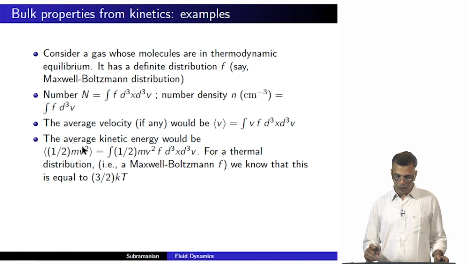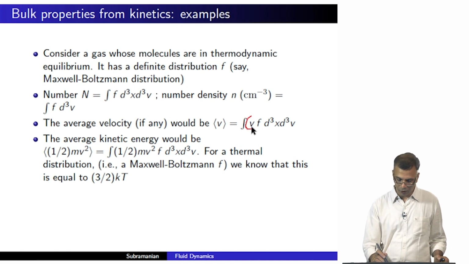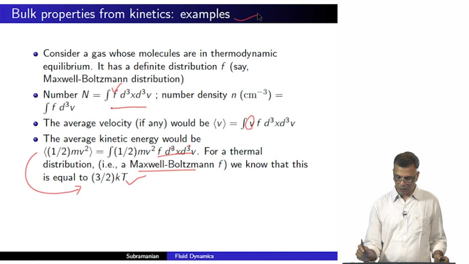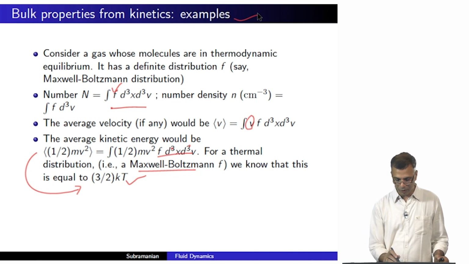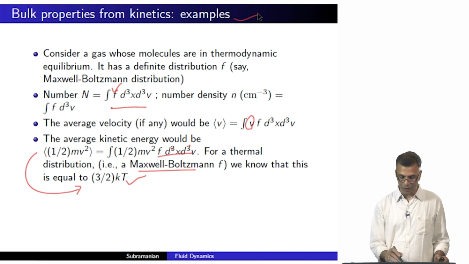Well, instead of v here, you just stick half mv squared into this very same integral. Look, the integrands are the same, except you have stuck a half mv squared here.